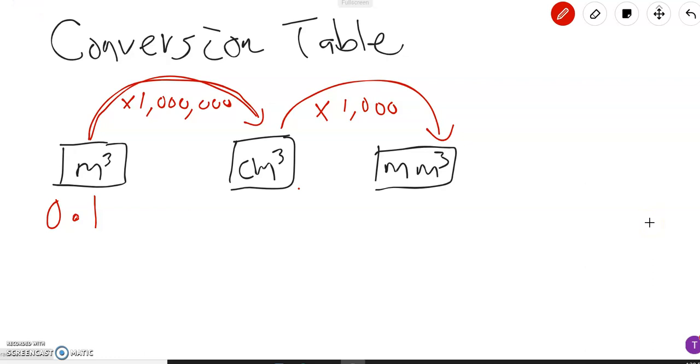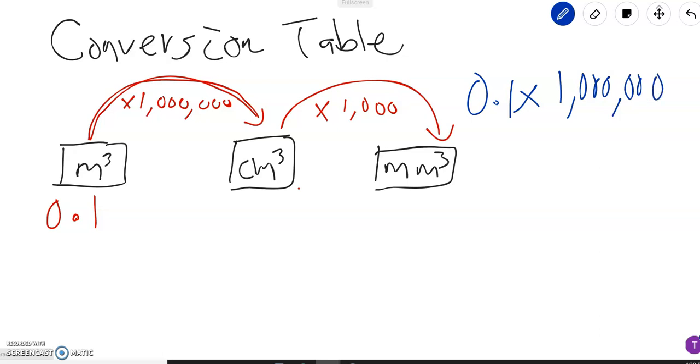If we were going to convert that to cubic centimeters, we would take that 0.1 and multiply it by 1,000. Remember, 0.1 times, sorry, not 1,000, 1,000,000.